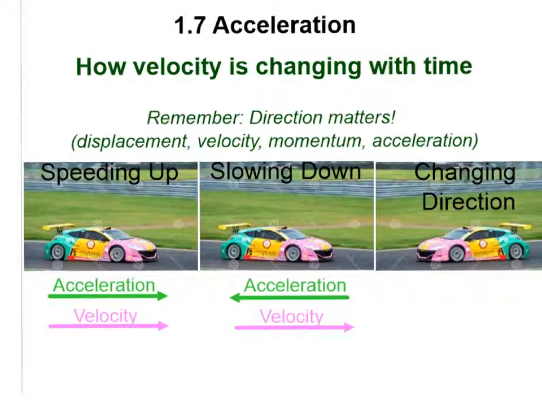That is also called acceleration. In English, we might say we are decelerating, but that's not what we say in science. We say we are accelerating negatively. We have negative acceleration, a negative value of acceleration. That would be slowing down.